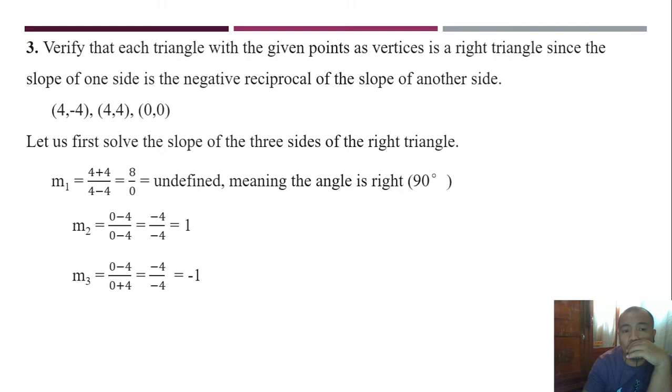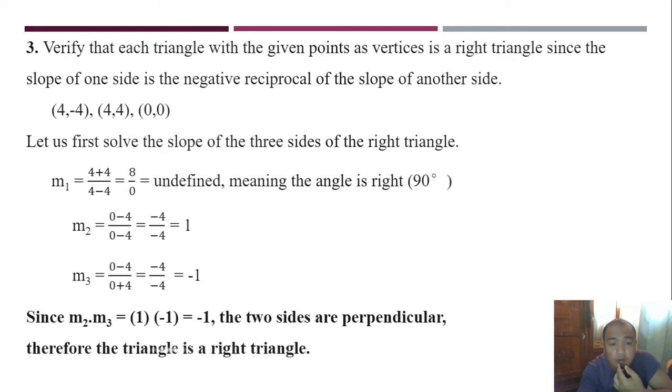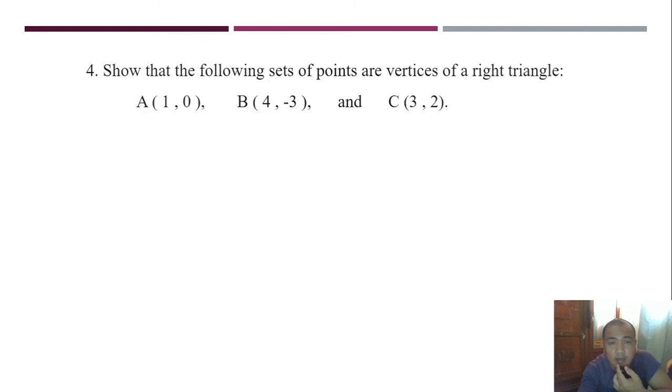Slope of line 3 is negative 1. So since the product of 1 and negative 1 is negative 1, the two sides are perpendicular. Therefore, the triangle is a right triangle.